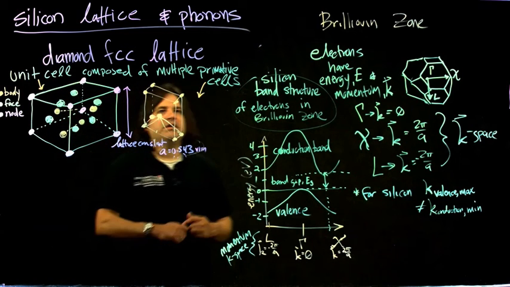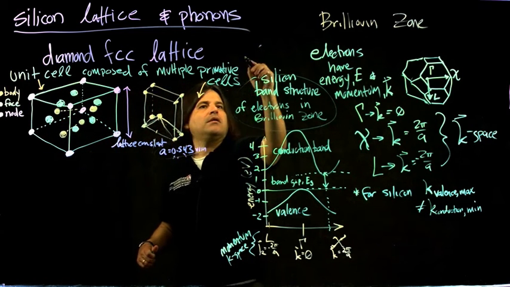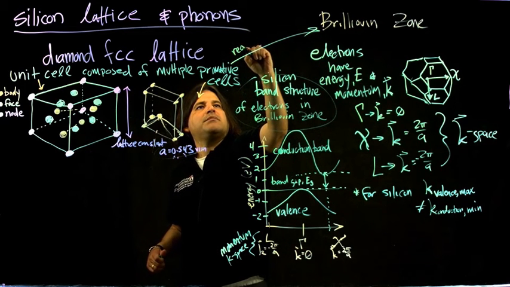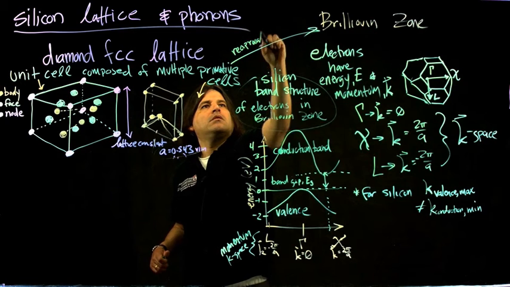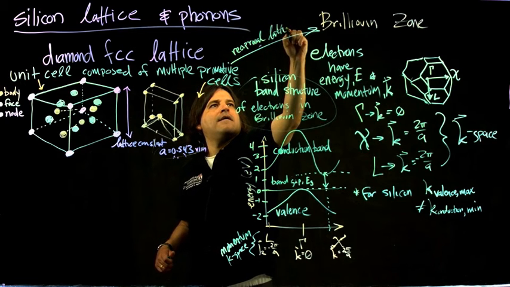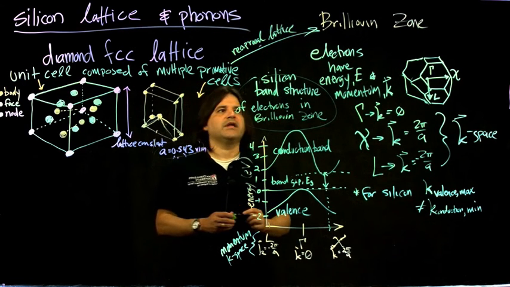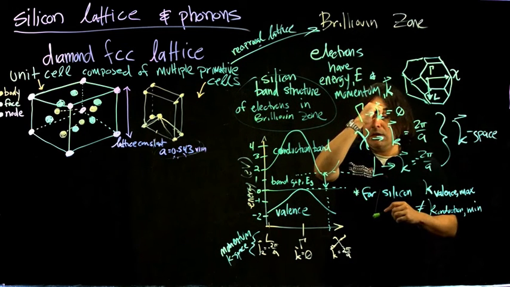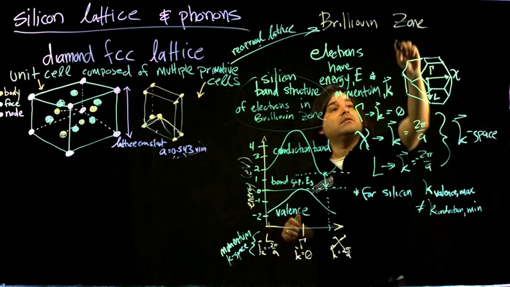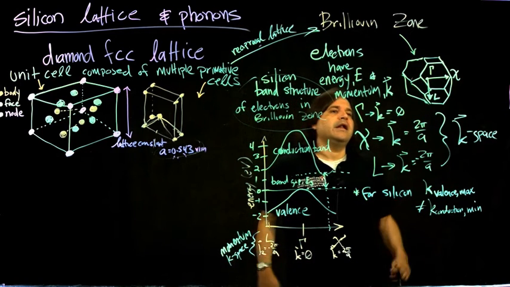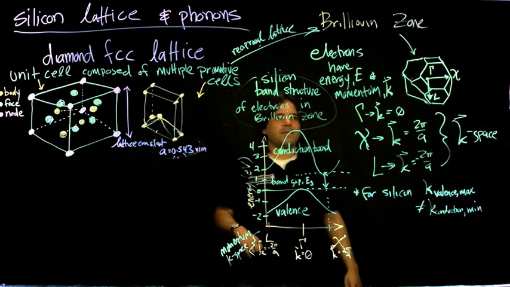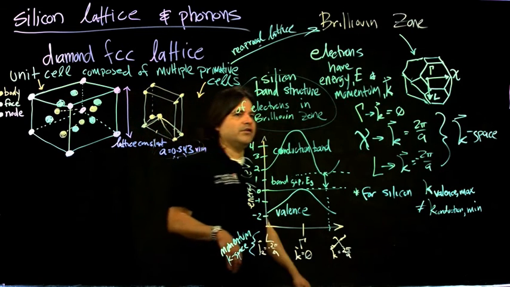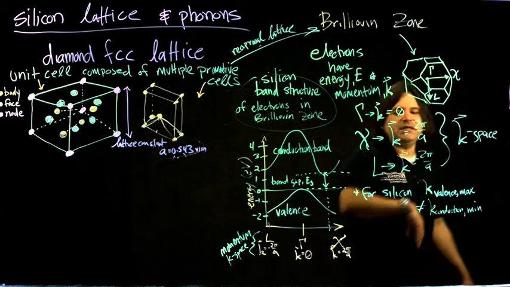So then what we did was we took the reciprocal lattice of the primitive cell. That's what gave us the Brillouin zone, and we can picture it through this structure here. It has some physical space, and then we convert it to momentum space, K space.